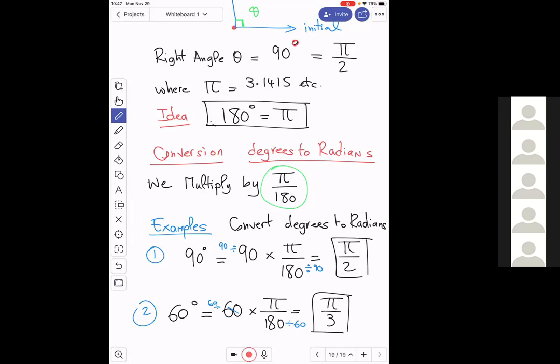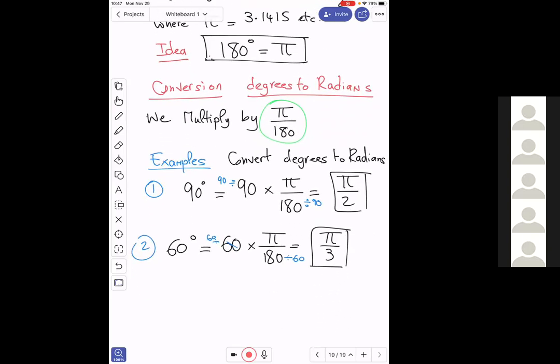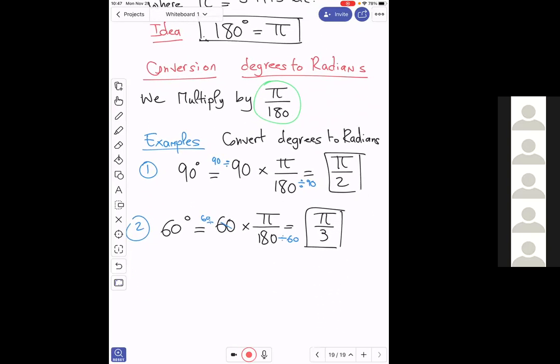Why don't you just show us that 60 times pi over 180 and then divide by 60? It makes it more simple. Yeah, absolutely. I probably jumped one step here. You're probably right. So you can say this is 60 times pi over 180, right?